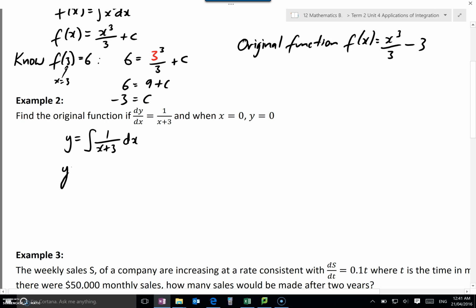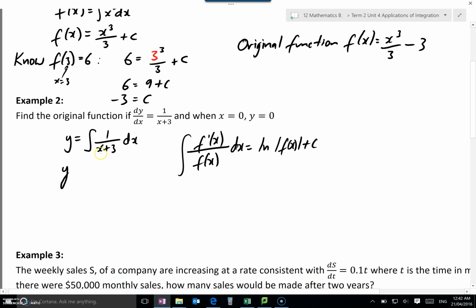Hopefully I remember the rule: if I have a function on the bottom and its derivative on the top, integrating with respect to x gives natural log of f of x plus c.